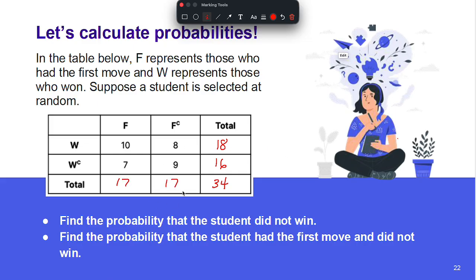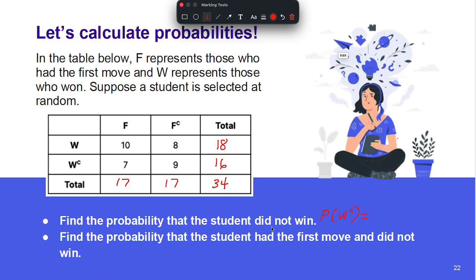And then we'll use our contingency table here to find the probability that the student did not win. So that's the complement of win. So how many did not win?